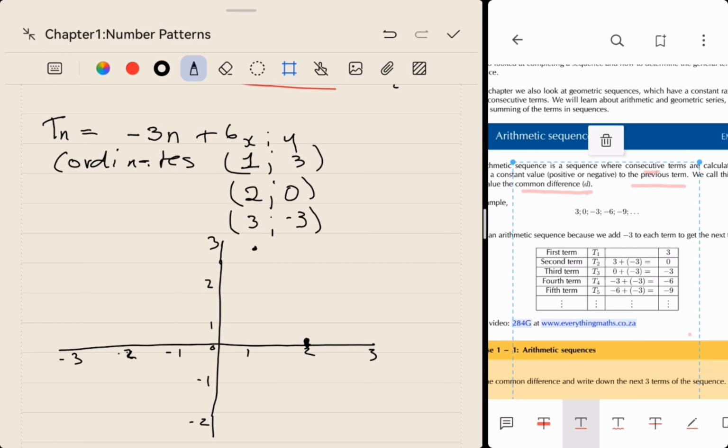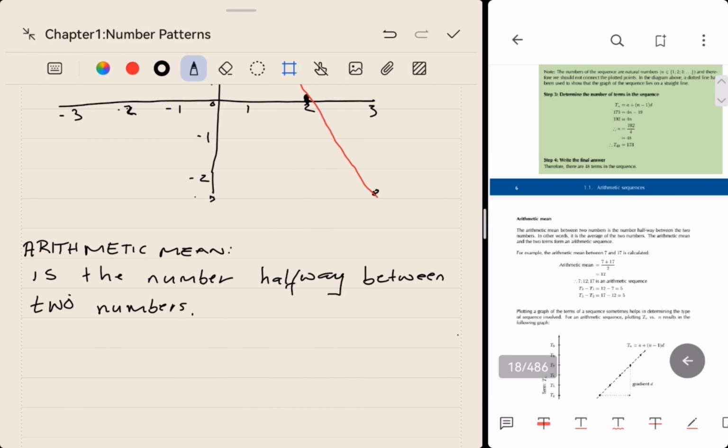And then you have positive 3 and minus 3, somewhere there. And then you have a point about here. Then if you join those points, you get a straight line graph.